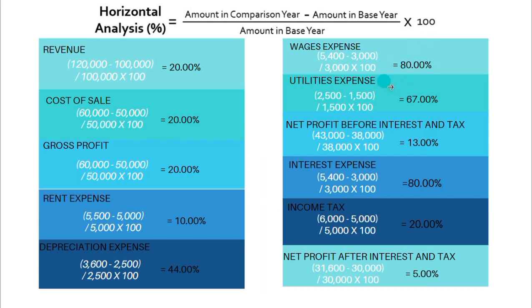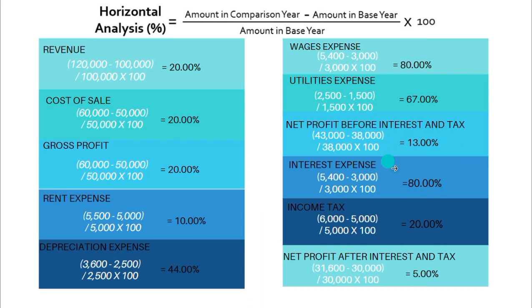For utilities expense, 2,500 minus 1,500 divided by 1,500 times 100 is 67%. For net profit before interest and tax, 43,000 minus 38,000 divided by 38,000 times 100 is 13%.